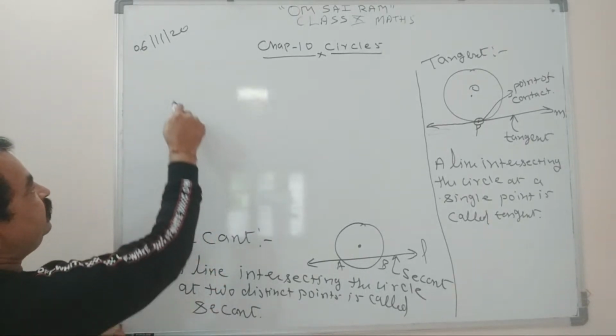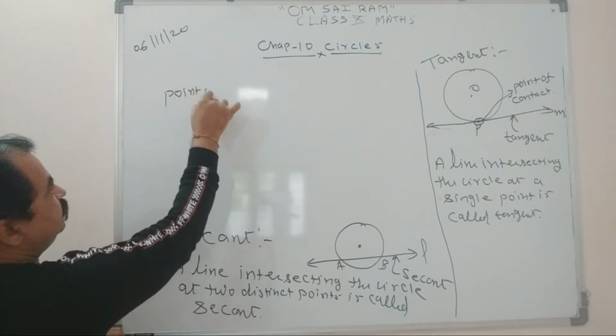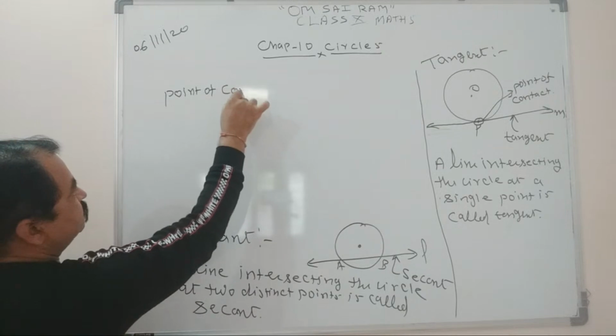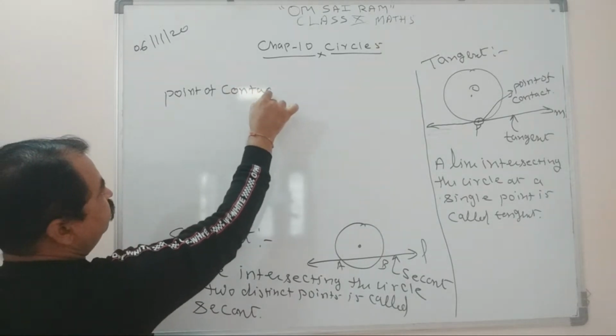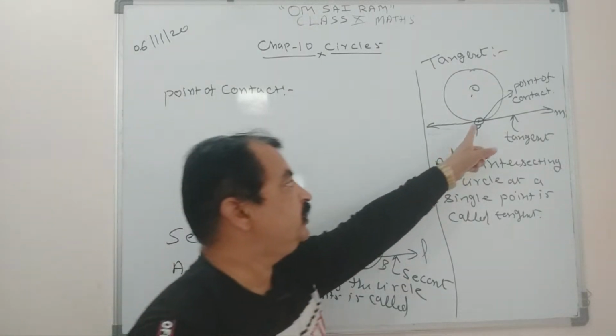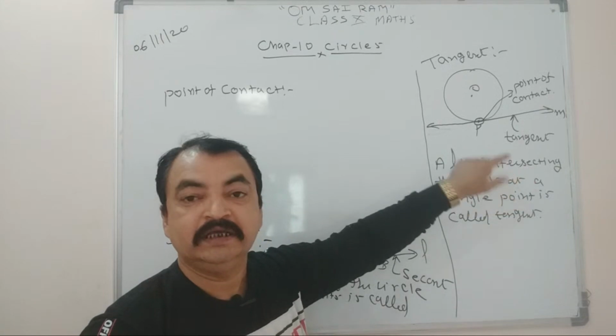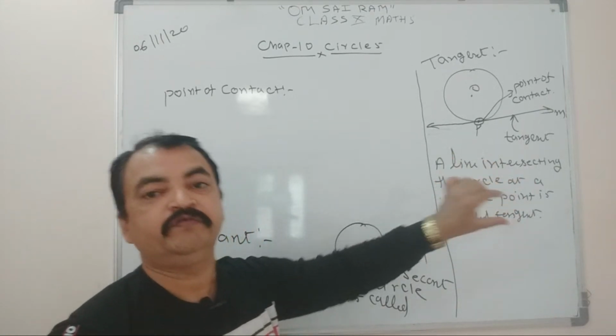Right? So here we define the next term, the point of contact, children. How do we define this point of contact? A common point of a circle and a tangent is called the point of contact.